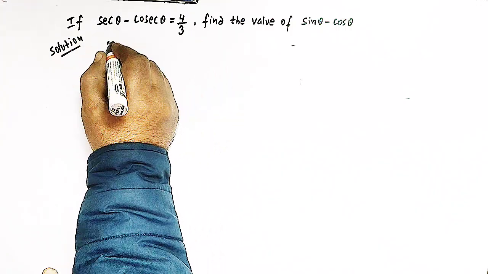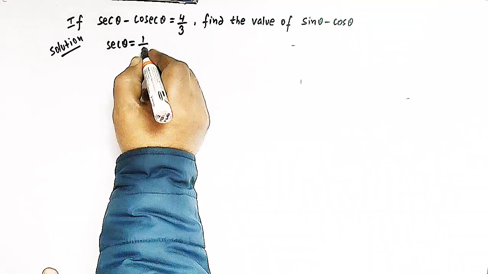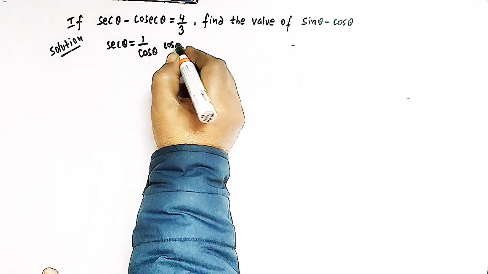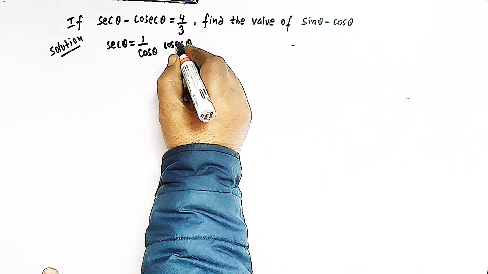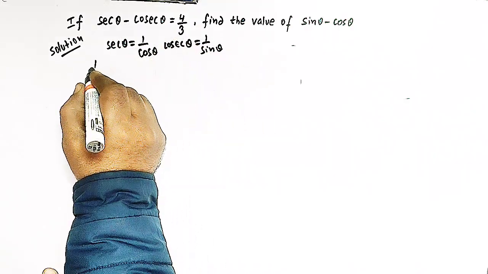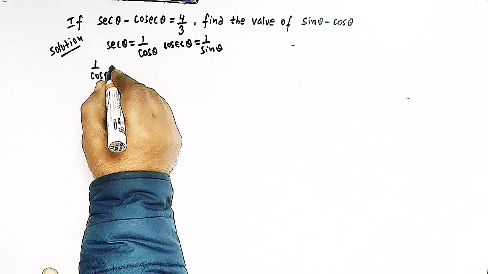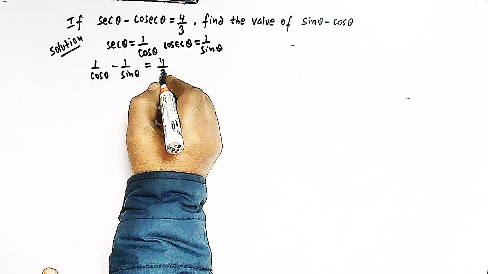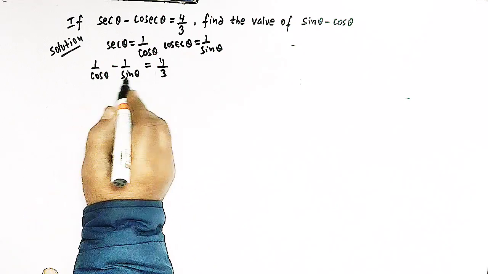Let us replace secant theta by 1 over cosine theta, and cosec theta by 1 over sine theta. So we can now write 1 over cosine theta minus 1 over sine theta is equal to 4 over 3. Let us simplify.